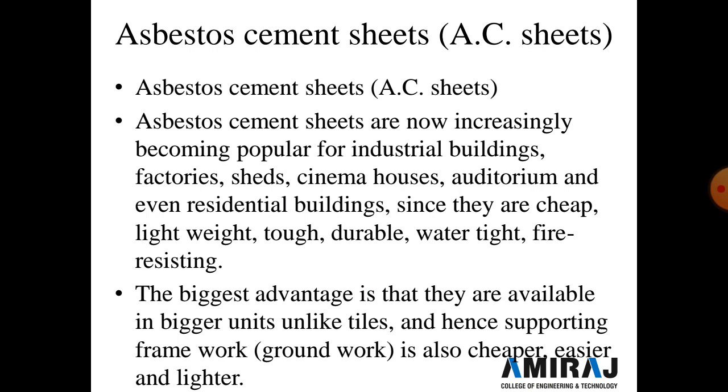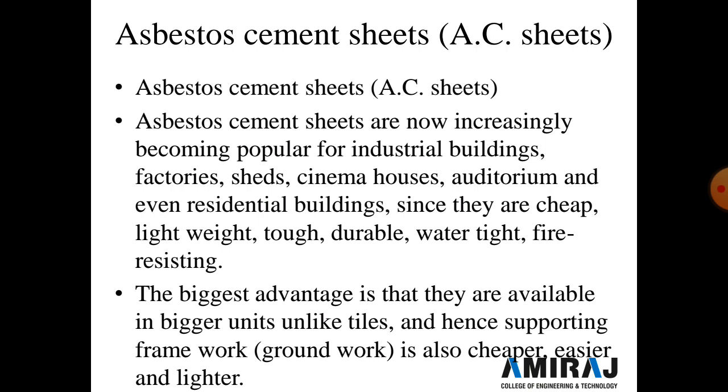Now the next type of roofing material is asbestos cement sheets. AC sheets have now increasingly become popular for industrial buildings, factory sheds, cinema houses and auditoriums, even in residential buildings, since they are cheap, light in weight and tough, durable, watertight and fire resisting material.